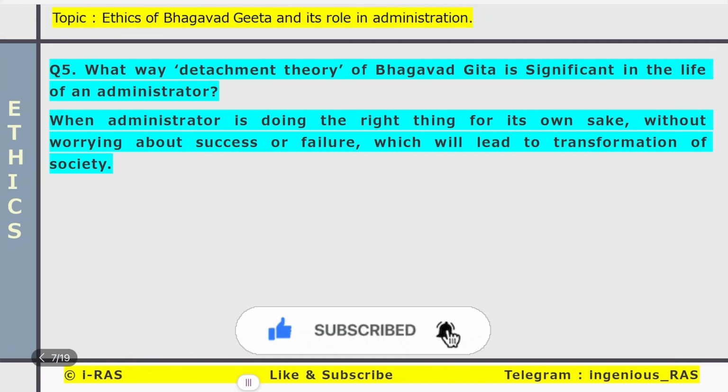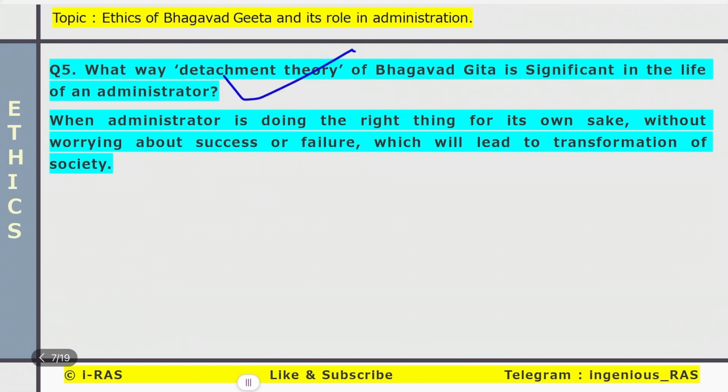Next question: in what way is the detachment theory of the Bhagavad Gita significant in the life of an administrator? Detachment theory is basically Nishkam Karma Yoga. Nishkam means without attachment, without expecting any fruits. Lord Krishna used to say: do your karma and forget about the fruits.